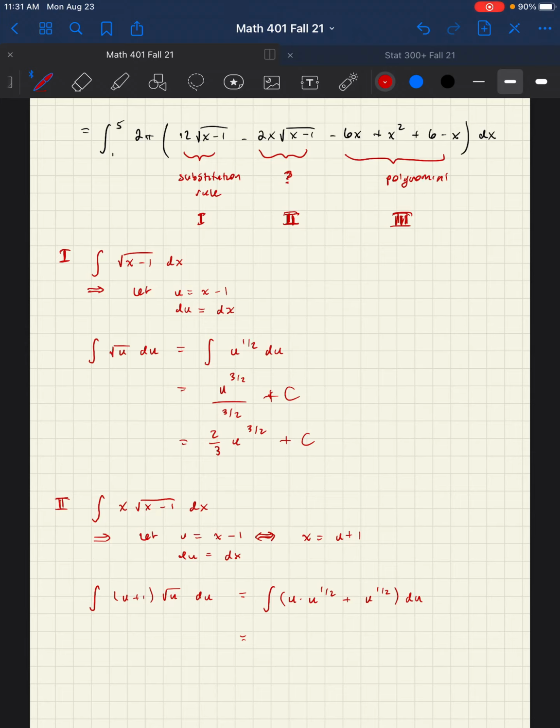And if you use the power rule, and recognize that this becomes u to the 3/2, so that's going to be 2/5 u to the 5/2 plus 2/3 u to the 3/2 plus some other constant of integration that, again, we're not going to care about.